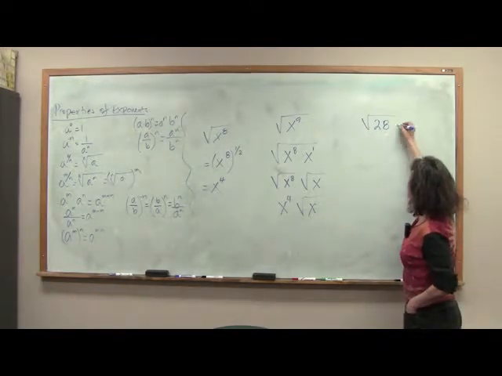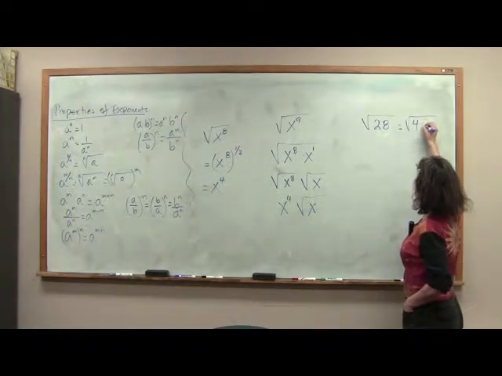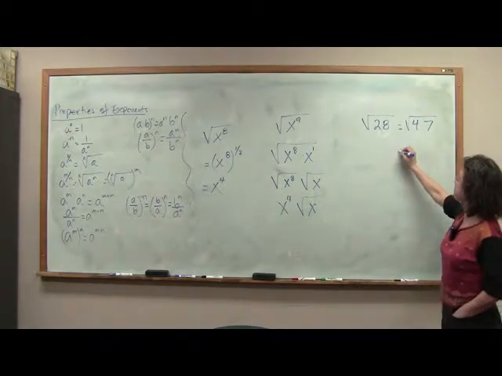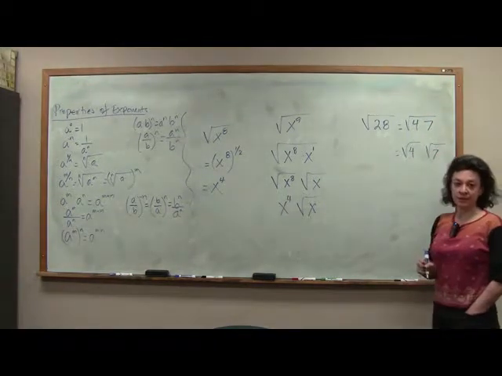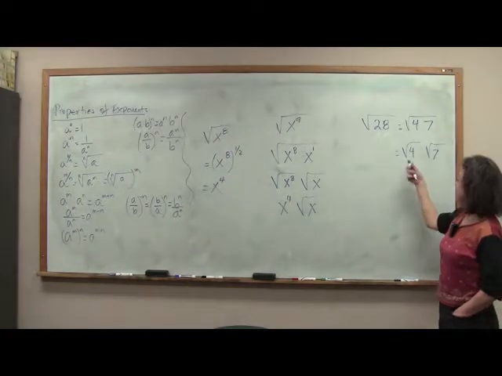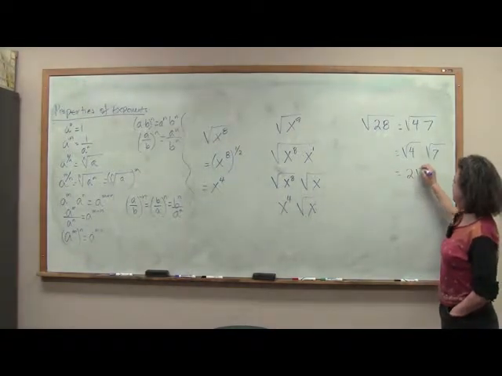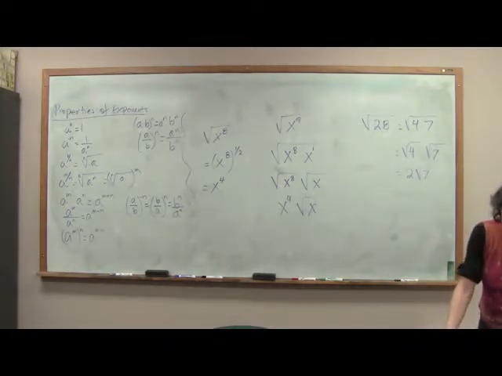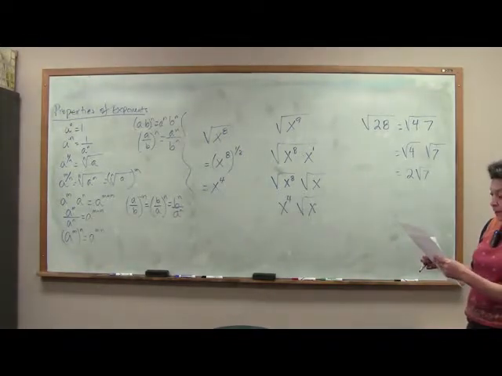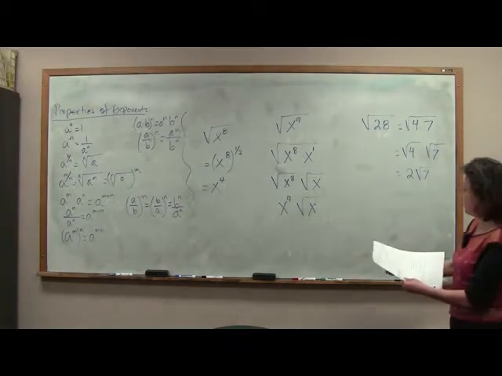And I claim we can rewrite this as the square root of 4 times 7, which can be rewritten as the square root of 4 times the square root of 7. And we can take the square root of 4 to get 2 root 7. All right, so let's do this one then.